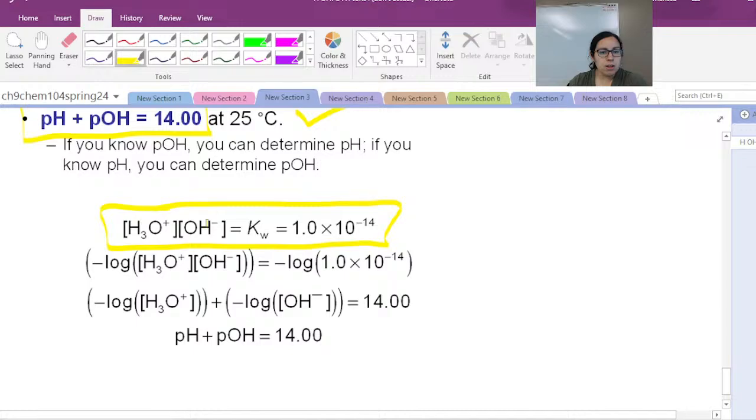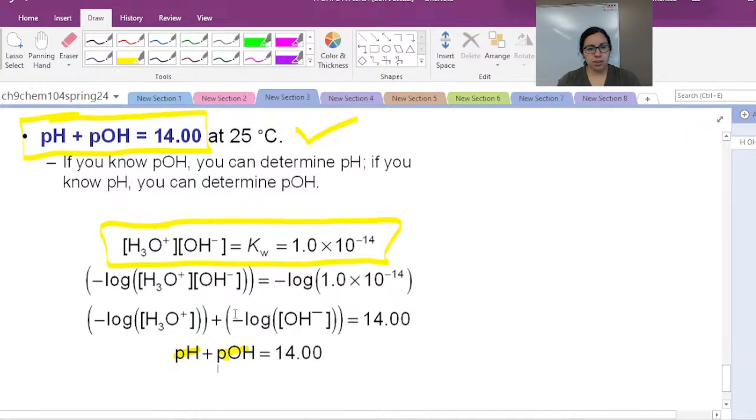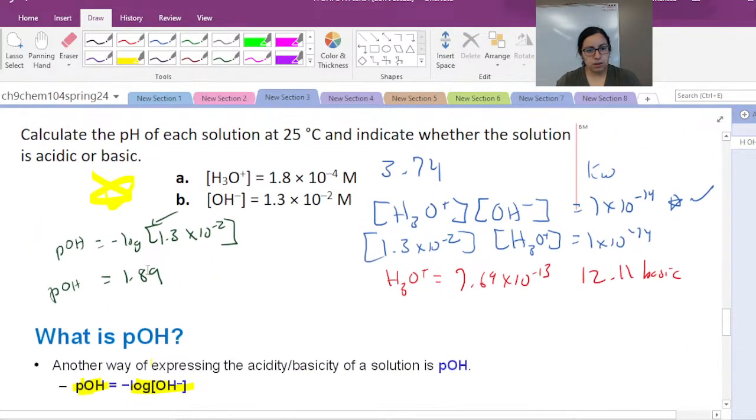We said hydronium times hydroxide has to equal Kw. Then they took the negative log of everything, so negative log of hydronium plus negative log of hydroxide gives pH plus pOH equals 14.